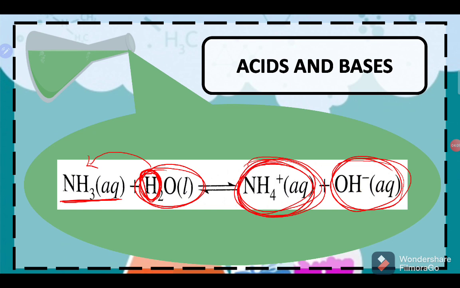So in this reaction, the donor is H2O, which is considered to be an acid, while the acceptor is ammonia, which is considered a base. This reaction is still under the Bronsted-Lowry theory. Okay, now let's proceed.